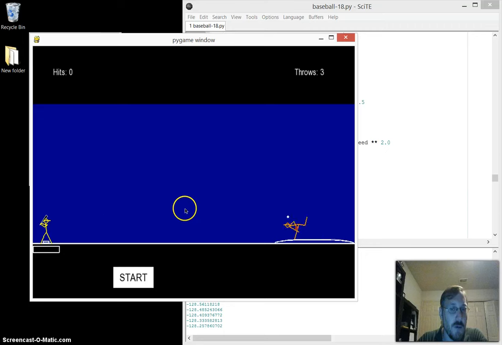I, you know, using sort of the correct parameters, right? That is, I figured out what the velocity was for 90 degrees. That was 132 feet per second, right?